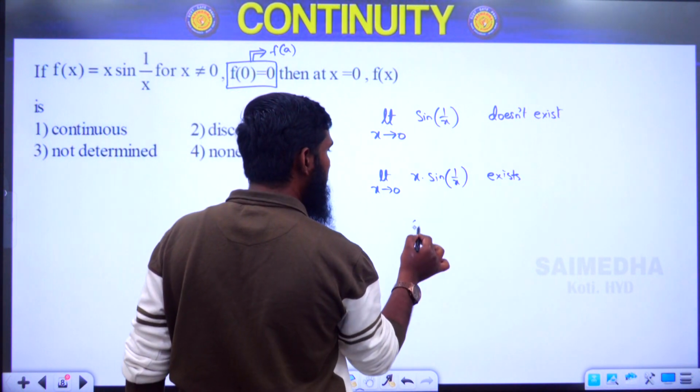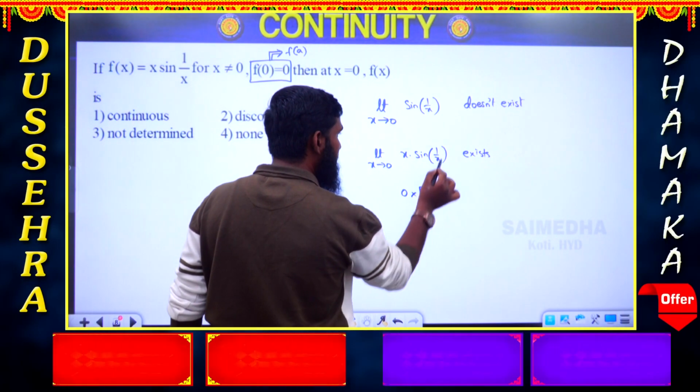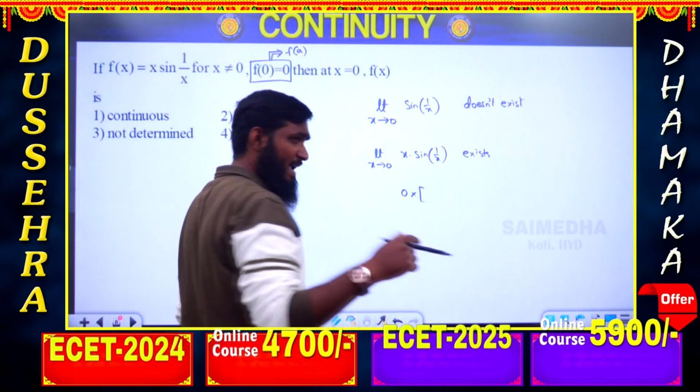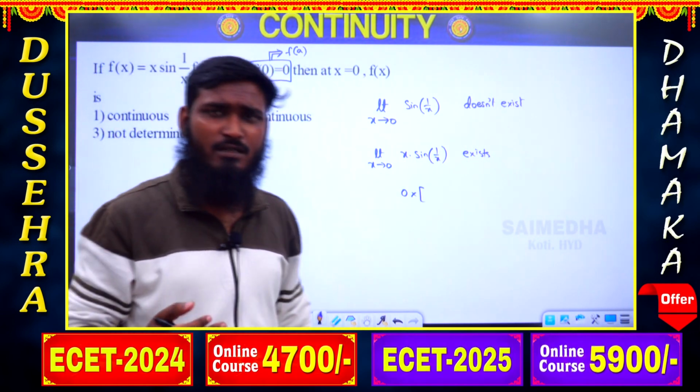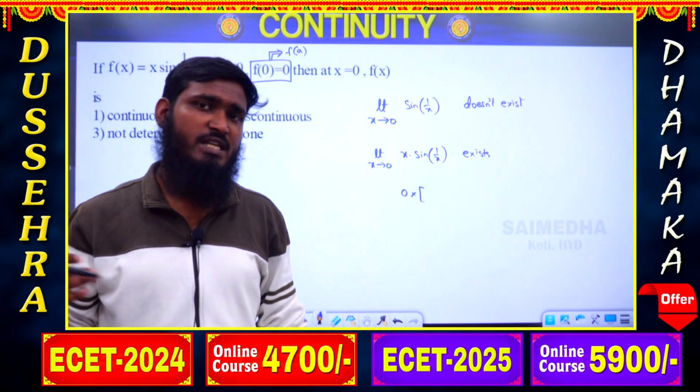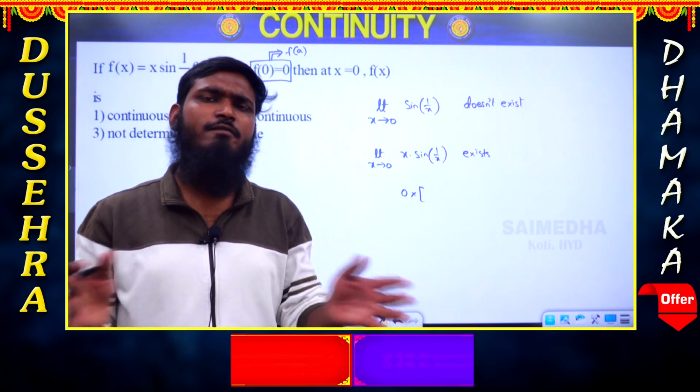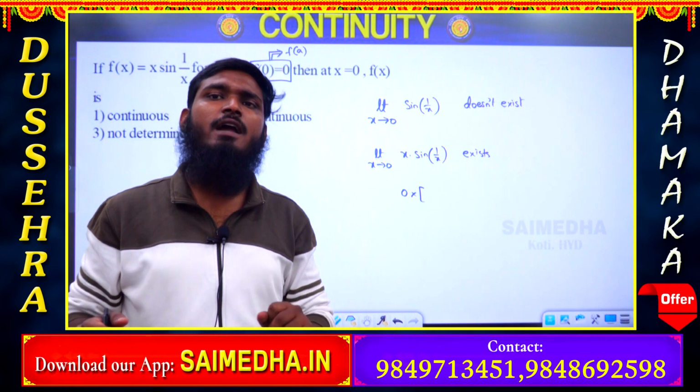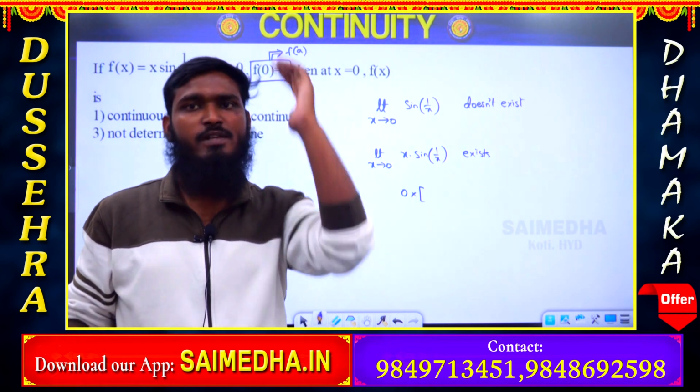We are substituting 0 into this complete part. The sine values, whether sine 0, sine 30, sine 60, sine 90, all the sine values lie between -1 and +1.